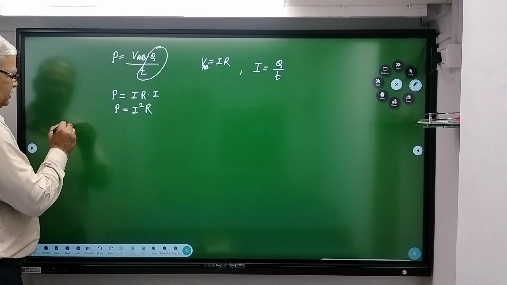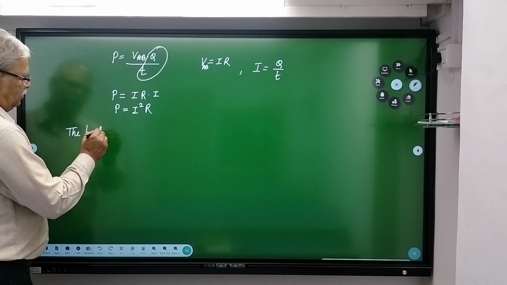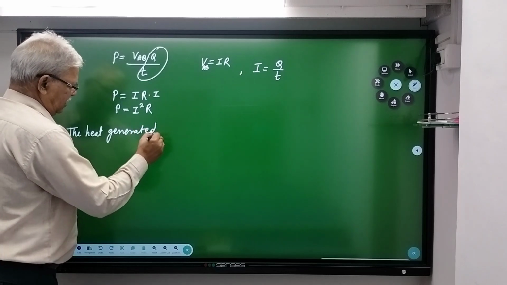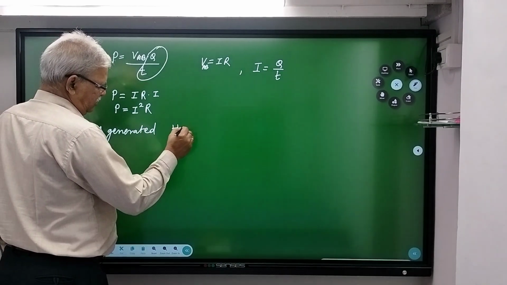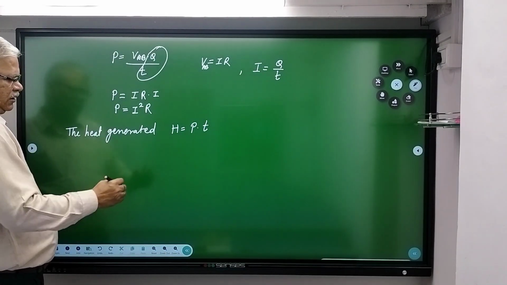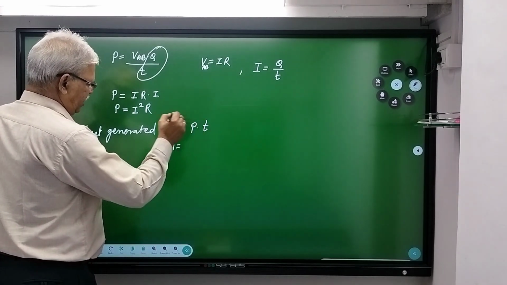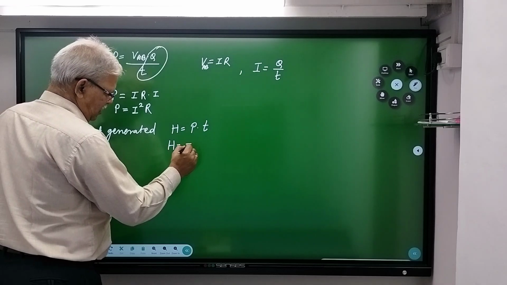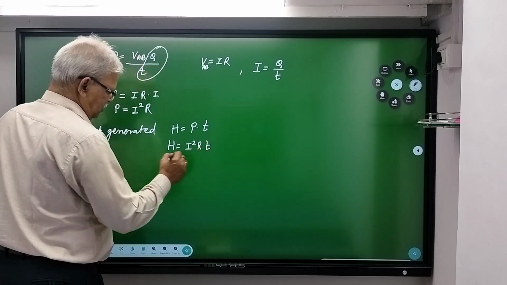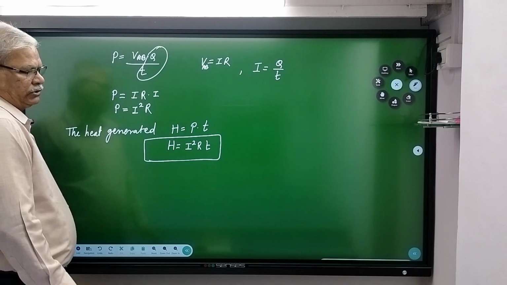Now the heat generated H is equal to power into time for which the current flows, that is H = I square R T. This is the relation for the Joules law.